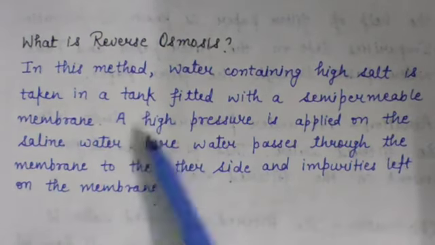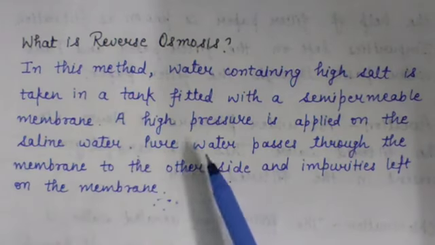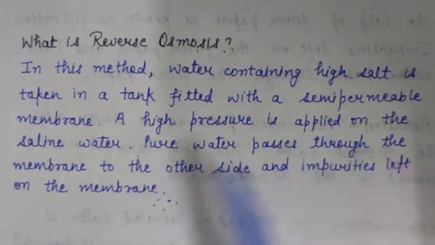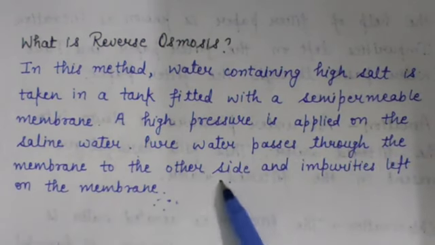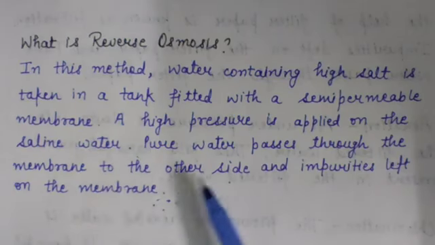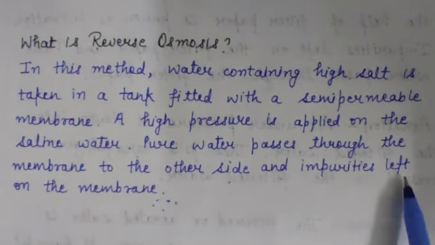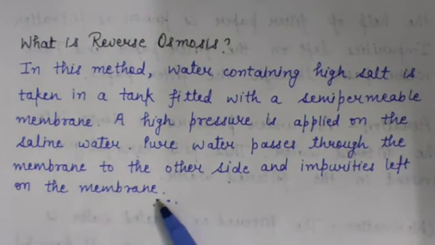Okay, so a high pressure is applied on the saline water, and then pure water passes through the membrane to the other side, but the membrane will not allow the impurity to pass over it. That's why impurity is left on the membrane.